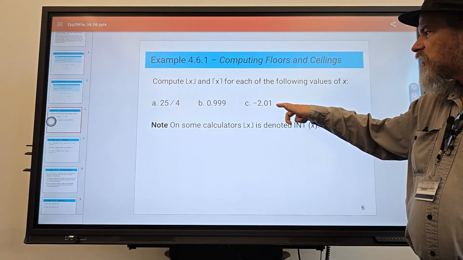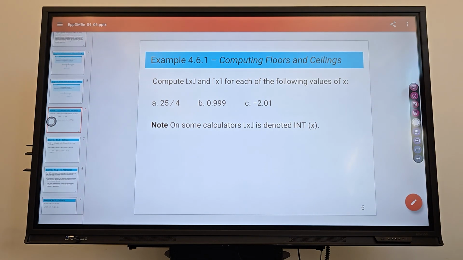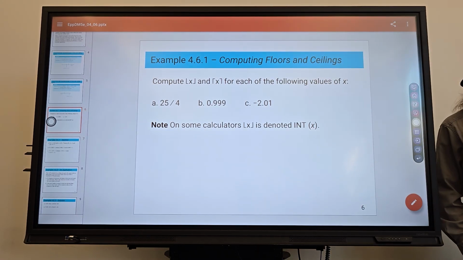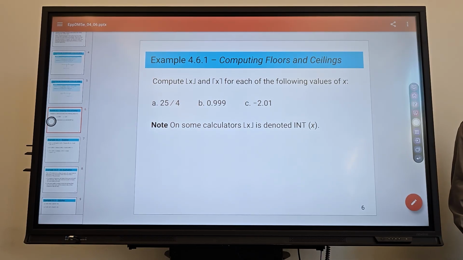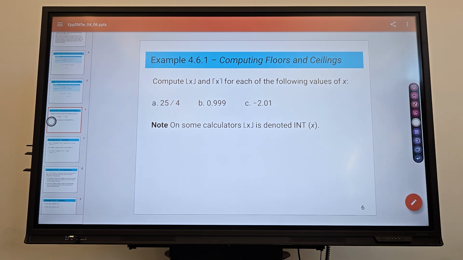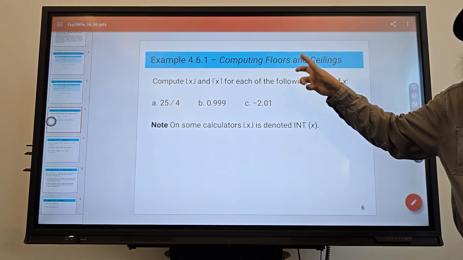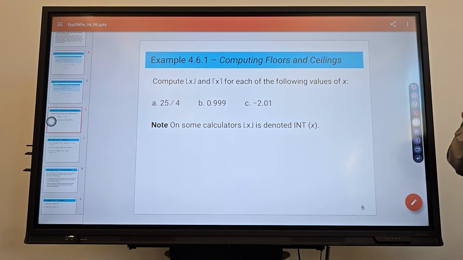Floor and ceiling of C. What would the floor be? -2? No, -3. It's the next integer down. And the ceiling would be -2, because that would be the next integer up on the number line.